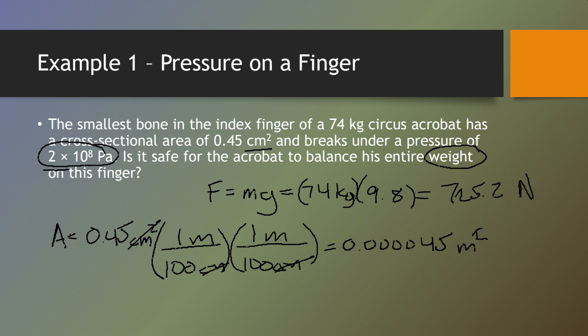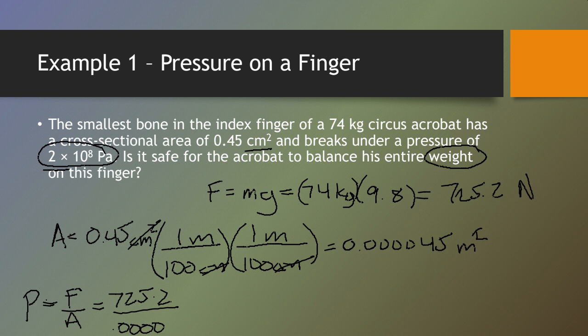Now we have units of newtons and meters squared. To find the pressure, we will just divide the two, the force divided by the area, so 725.2 divided by 0.000045.